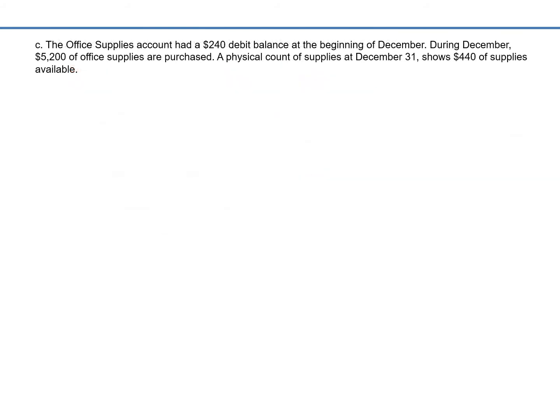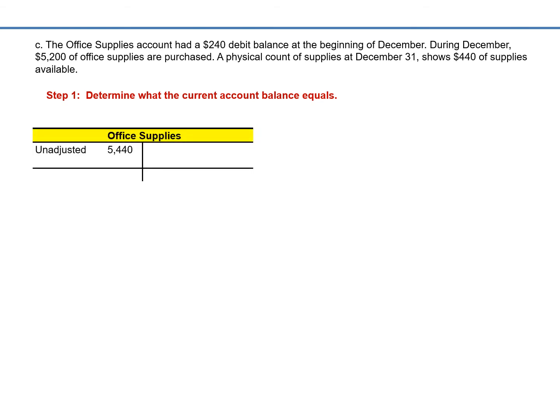Okay, so in part C, the office supplies account had a $240 debit balance at the beginning of December. During December, $5,200 of office supplies are purchased, and the physical count says we should have $440 of office supplies available at the end of December. So what is our current account balance equal? $240, right?